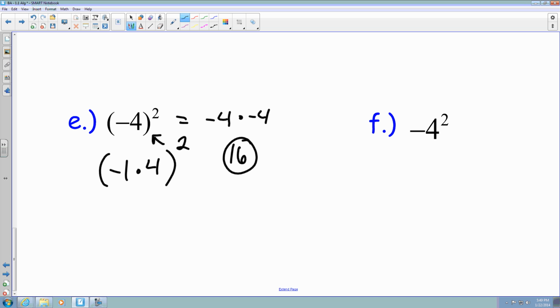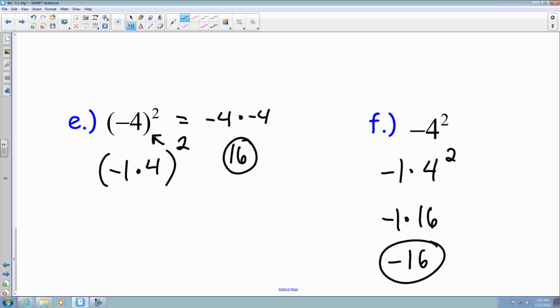If I looked at F, which they don't have here, if I bring it to negative 1 times 4 and I square it, since there's no parentheses, the next step is exponents happen before multiplication. So then I have this negative 1 multiplied by 4 squared, which is 16, and then this becomes a negative 16. Okay? So that's the big difference when it comes to parentheses and non-parentheses. You must be very, very careful.